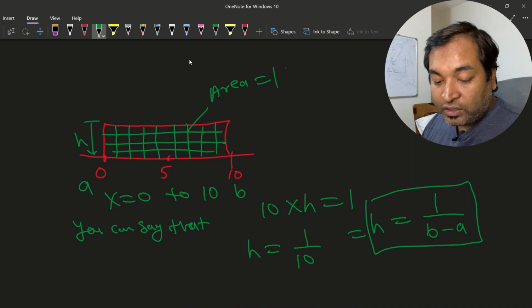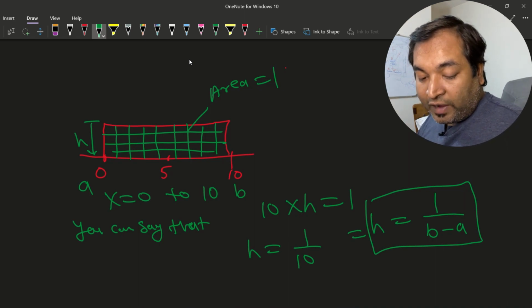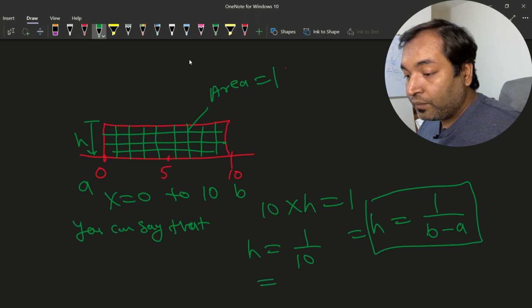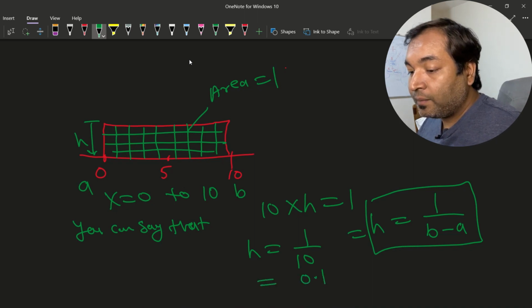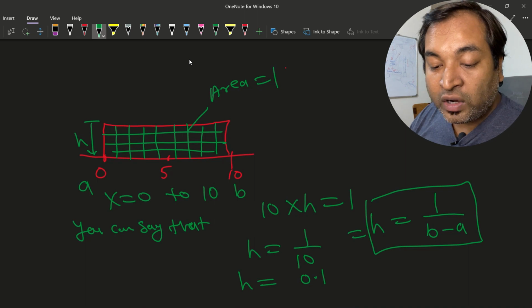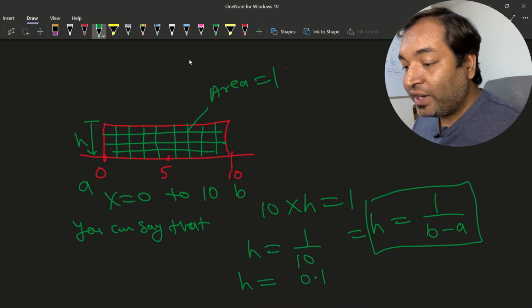In this case, the value of the PDF for all the values between 0 to 10 is 0.1, because in the uniform distribution the PDF is fixed as a constant. So the PDF for all the possible x is 0.1.